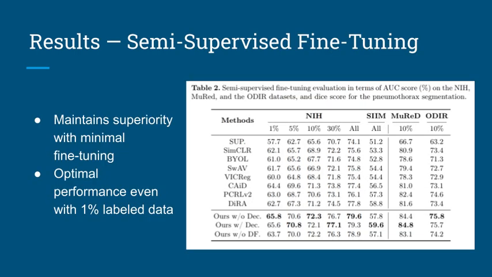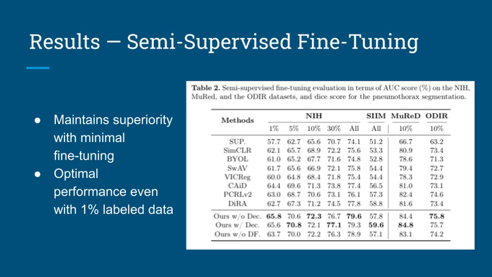Semi-supervised fine-tuning results, referring to Table 2. The study also evaluated CoBooM's performance in a semi-supervised learning scenario where only a small percentage of labeled data is available for fine-tuning.